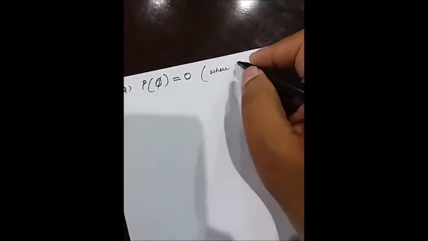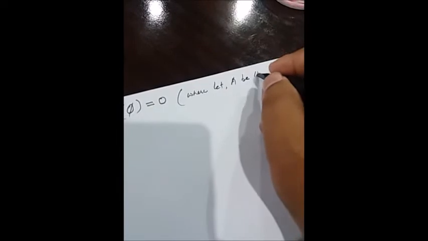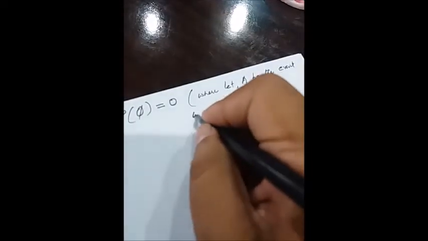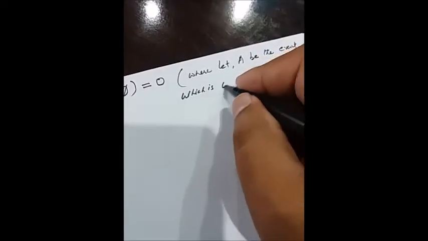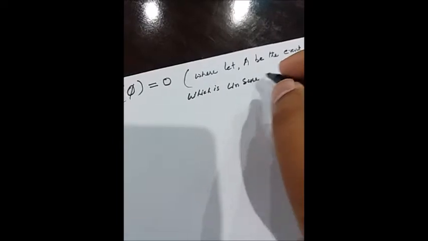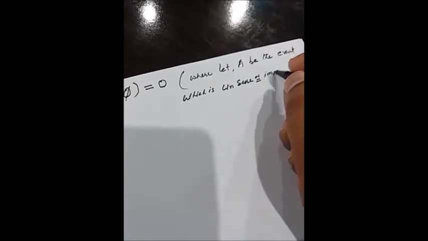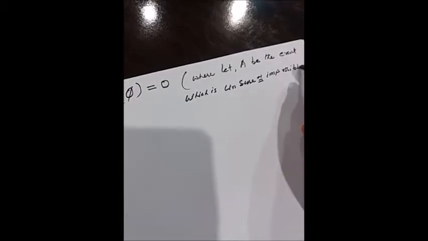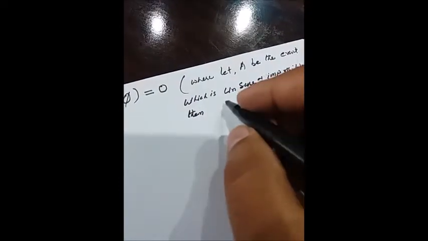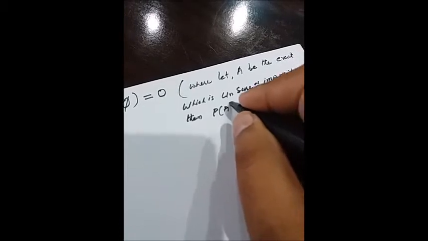Why? Let A be the event which is unsure or impossible, then the probability of event A is equal to 0.